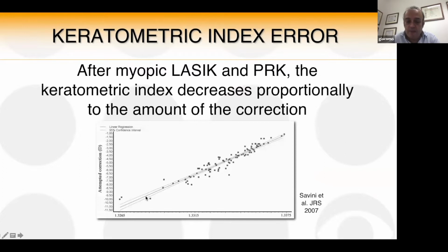Many years ago, I published this graph showing that we may change the keratometric index and decrease it according to the attempted correction. So from the original value of 1.3375, it could decrease to around 1.3265 for myopic corrections up to -11.